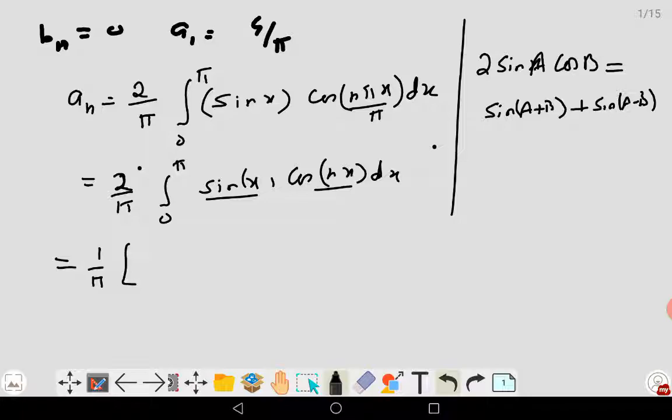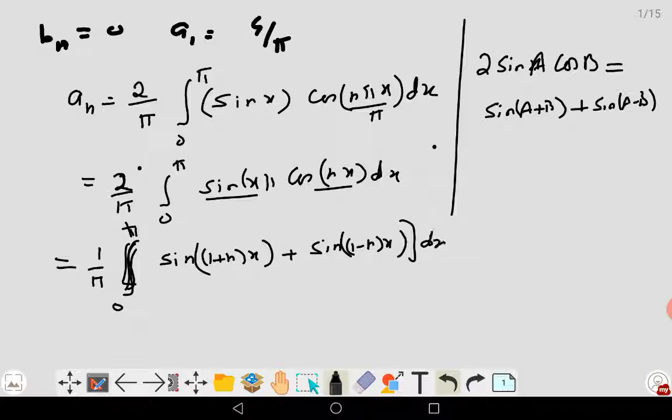It becomes, under integration 0 to pi, sine a is x, so x plus nx. You can write 1 plus n times x plus sine 1 minus n times x, isn't it? Now dx.